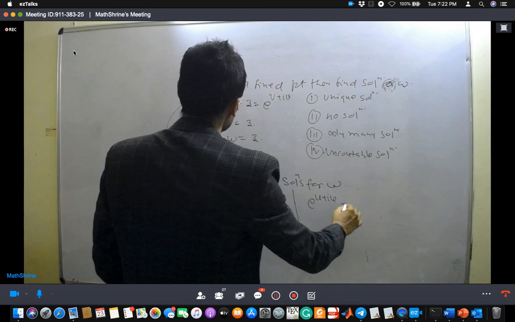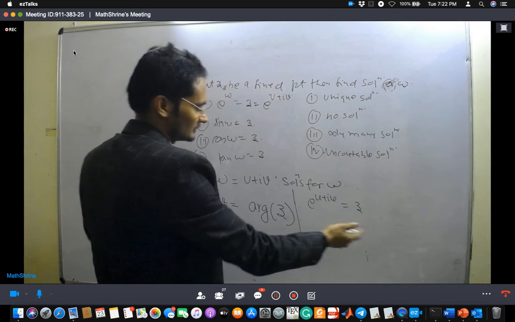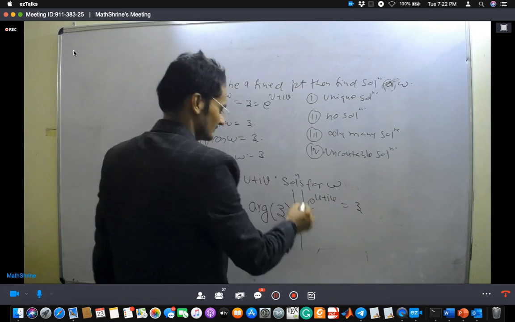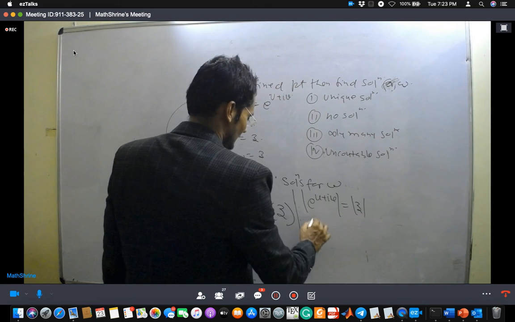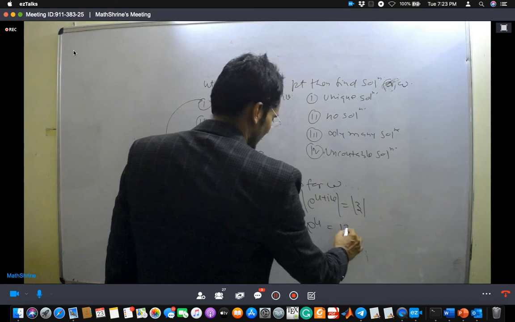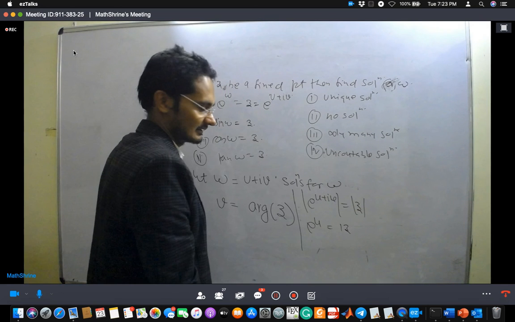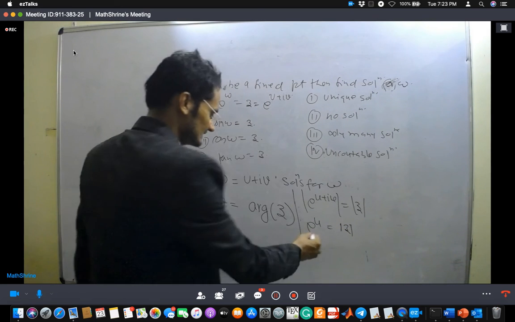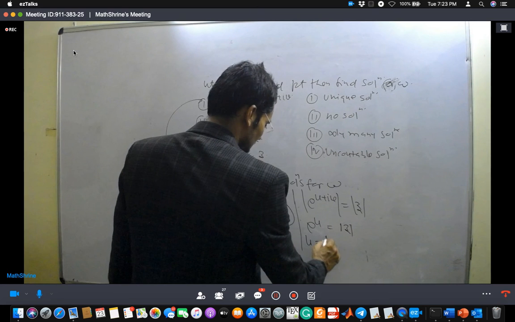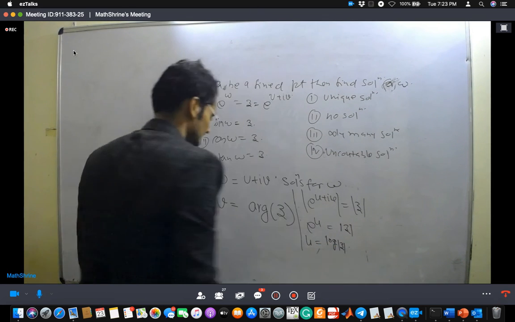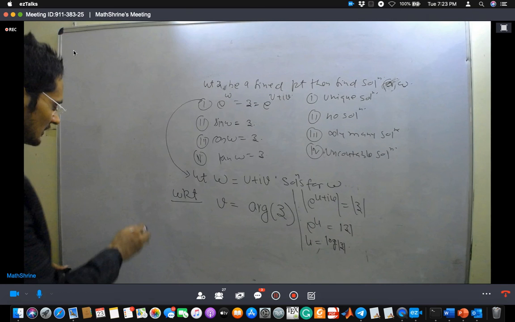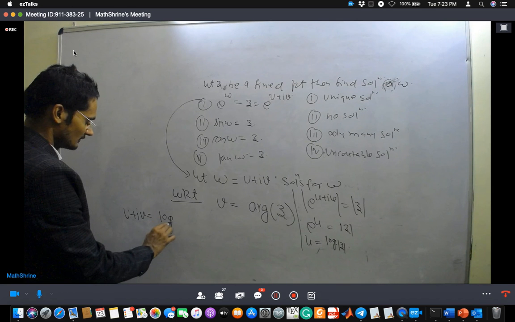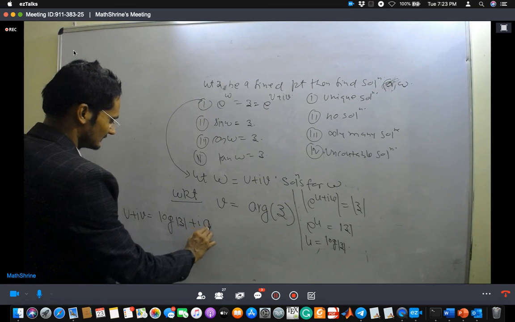Once we are in real analysis, now I can write U is equal to log mod Z. Now our answer is U plus iota V is equal to log mod Z plus iota times argument of Z. This can be written as log mod Z plus iota times capital argument of Z plus 2n pi, n belongs to the integers.